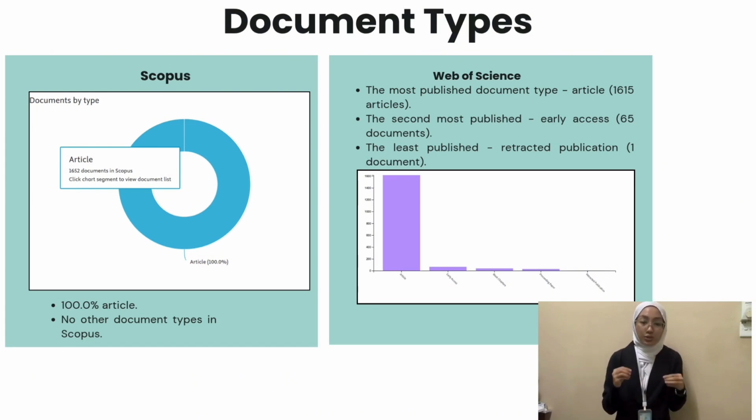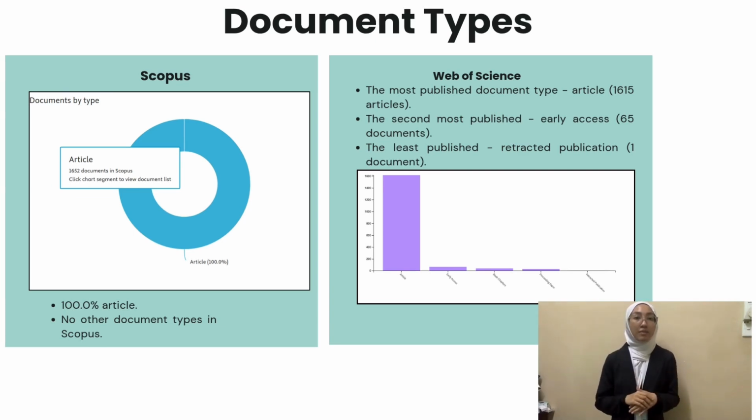So we can conclude that there is no other document type except articles available in Scopus throughout the 10 years, which is 2015 and 2025.